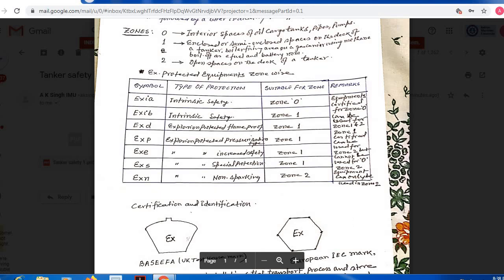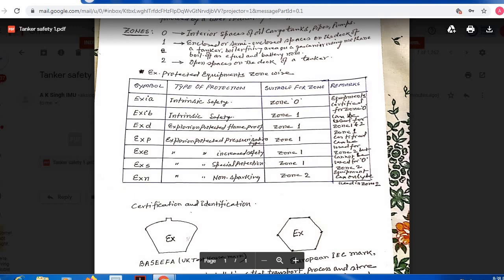Then we have various others. In USA, they actually do not have a national certifying body, but these are the bodies who certify: UL, Underwriters Laboratories, and FM, Factory Mutual Research Corporation.